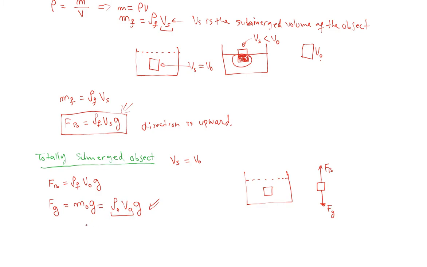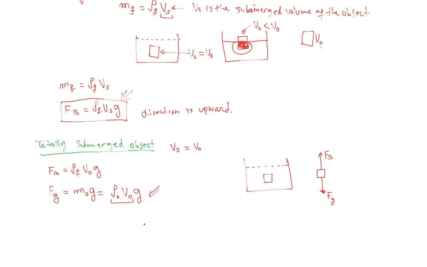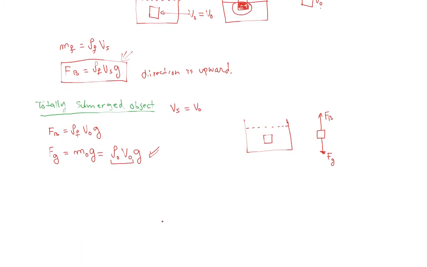Okay, so now then let's choose some direction to be positive. Let's choose upward to be plus direction. Okay, then F net on this object is the difference between these two forces.